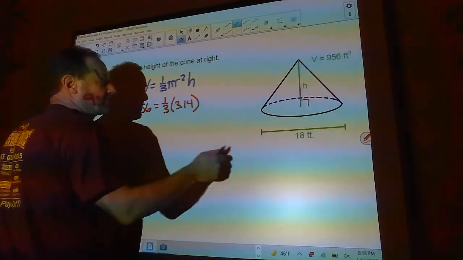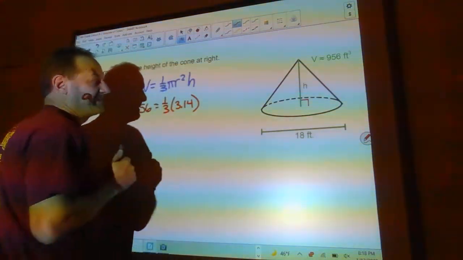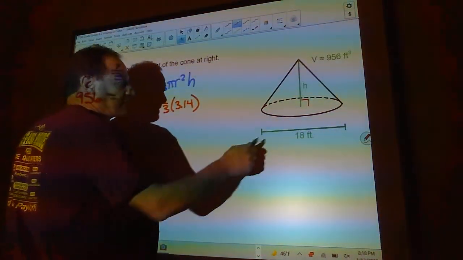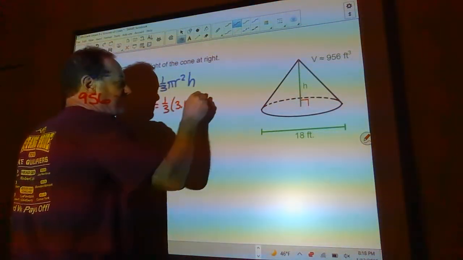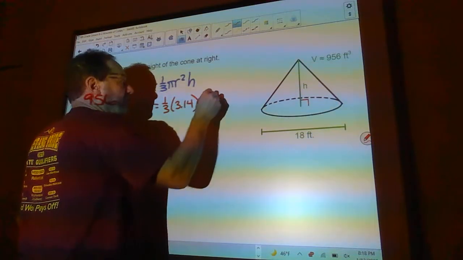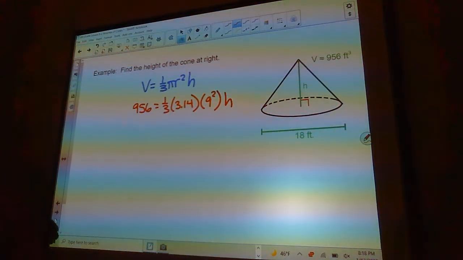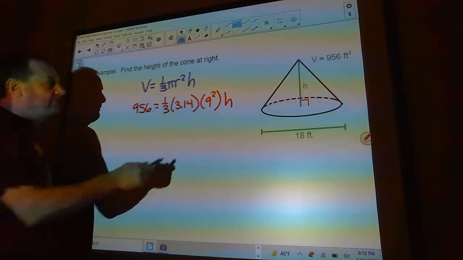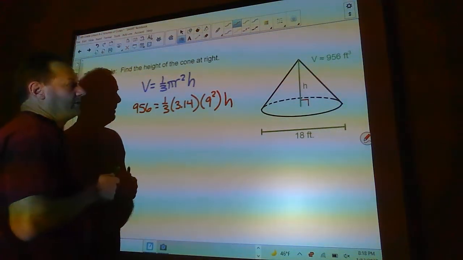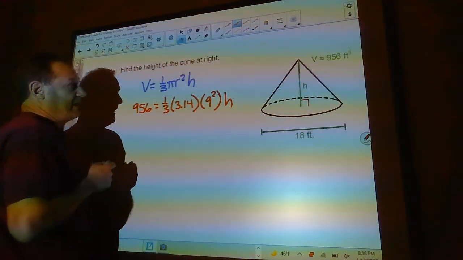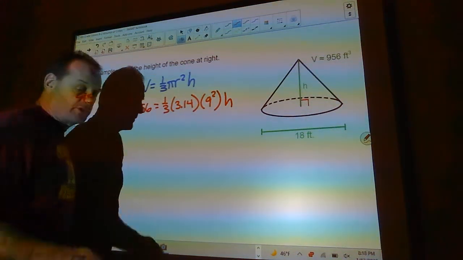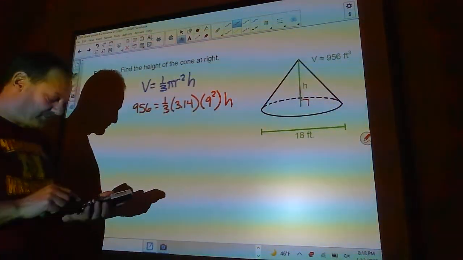Now my radius, I've got to be careful here because they gave me the diameter, not the radius, so I've got to divide that in 2, so that's going to be 9, and then I've got to square it, and then I'm going to find h. Okay, so 9 squared is 81, and 1/3 of 81 is 27. So this is going to be 27 times 3.14.